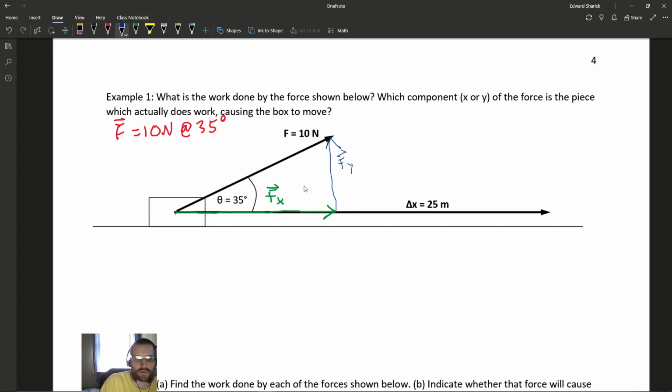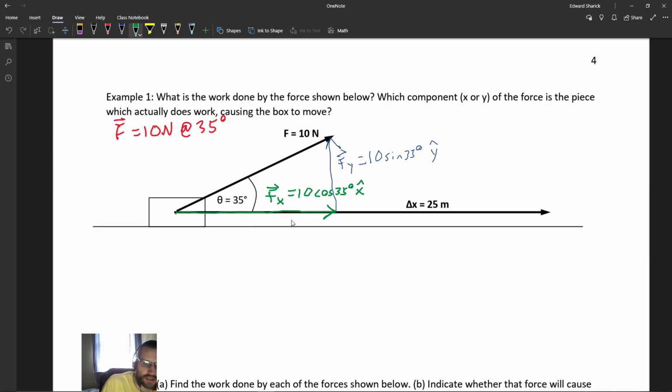These two components we can solve for with cosine of 35 times our magnitude. We've done this many times. We can write Fy as 10 sine 35 degrees in the y-hat direction. We can do Fx as 10 cosine 35 degrees in the x direction. So we have these two values here.